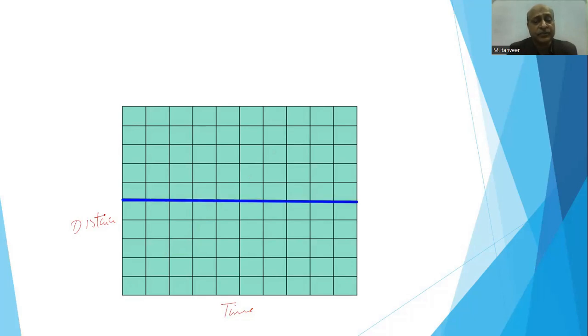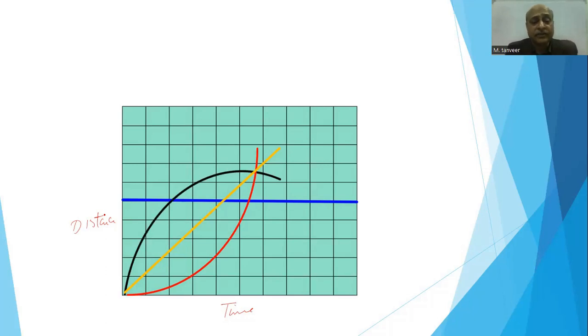When a body is moving with uniform speed, then the graph will be in this shape. When a body is moving with increasing speed, then this is the shape of the graph. When a body is moving with decreasing speed, then this is the shape of the graph.